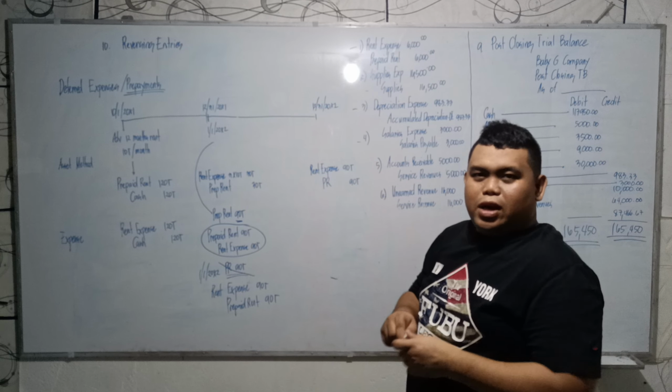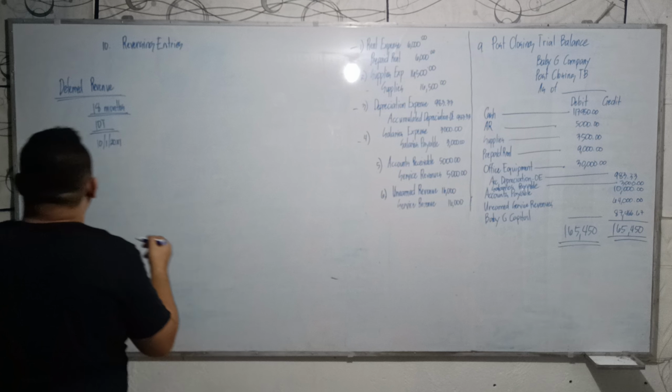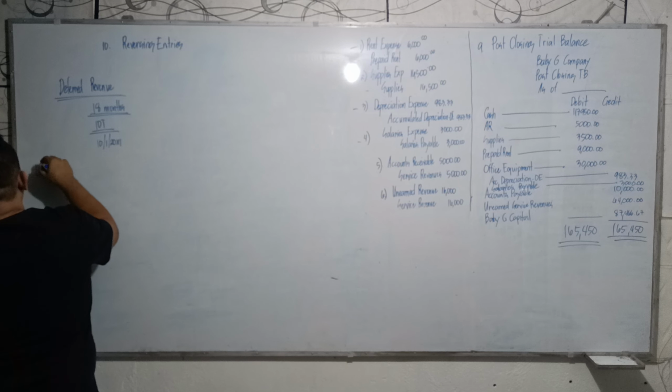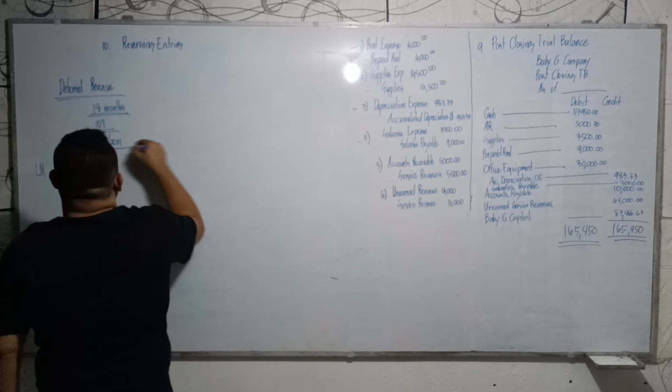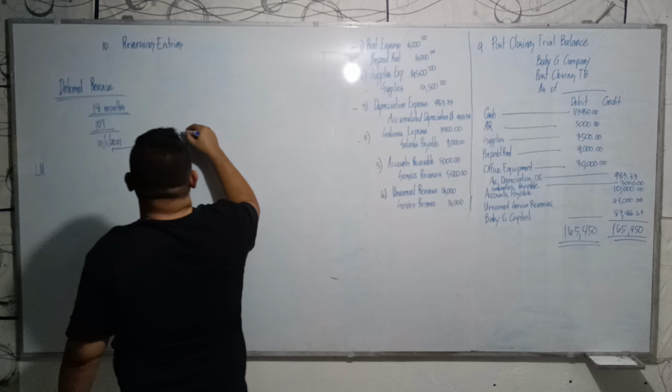For simplicity again. Now if there is an advance payment from the customers, the company can choose to recognize this as liability method or revenue method. When it comes to the liability method, this will happen.